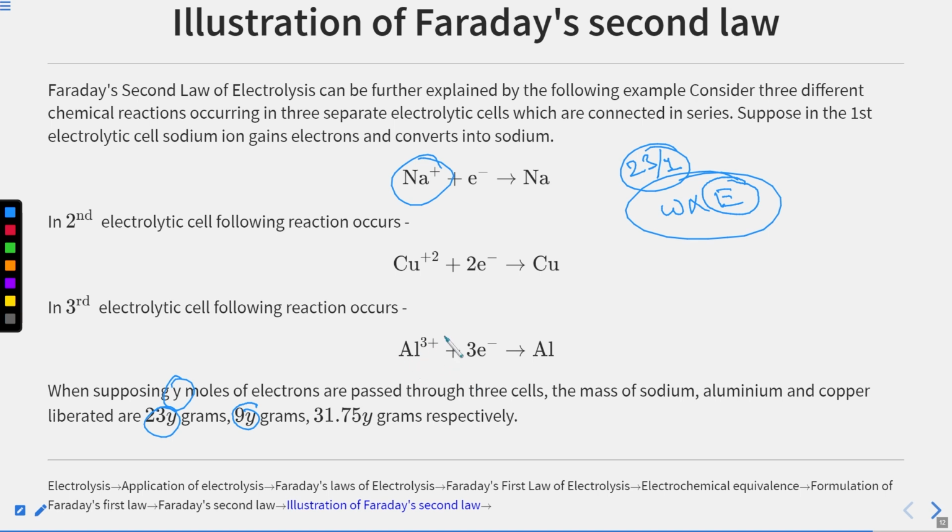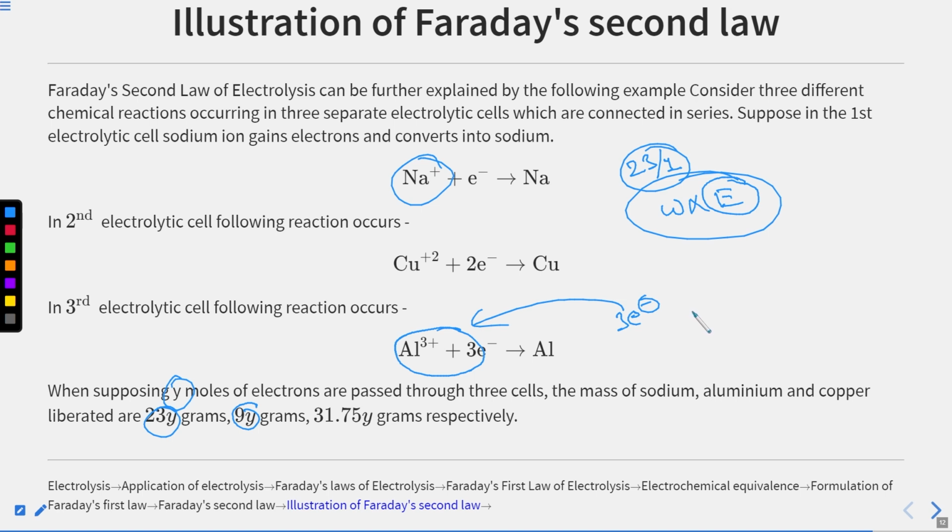Now here you can see that one aluminium is requiring 3 electrons. Okay, is this clear? So how much will y moles do for this? Basically I'm asking how many grams will be given by these y moles. Now we know that 3 electrons give 1 gram equivalent, 1 equivalent.